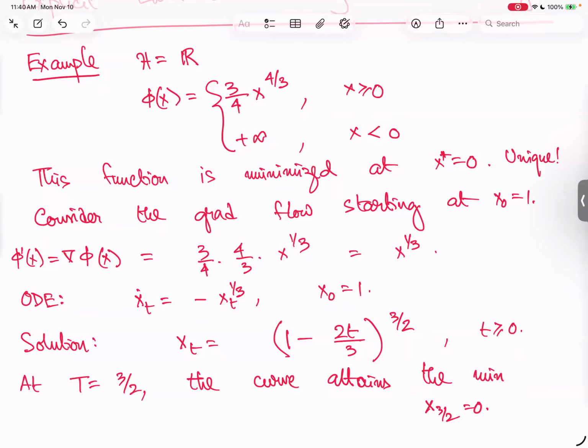Now, if I want to discretize this according to my explicit Euler scheme, what will I get?